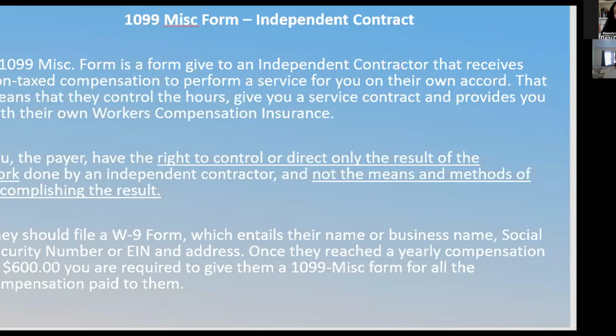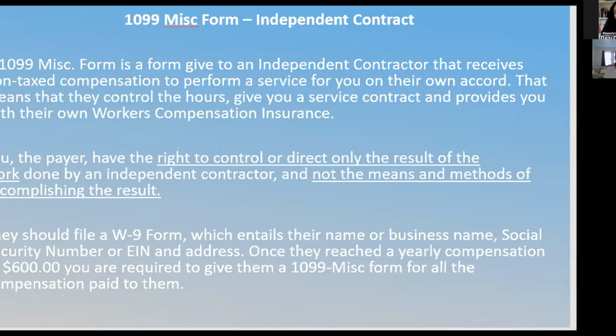In addition to that, anyone that you work with, you should have their information, whether it's their business or their personal, just because it's the right thing to do, so you have your good state of mind, right? So a 1099 is required to be given to people once you pay them over $600 per year.